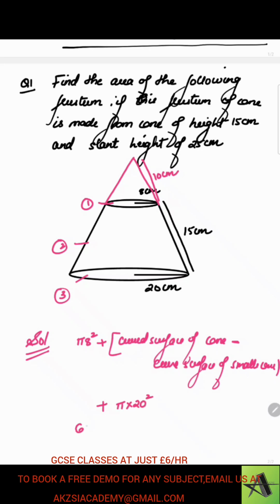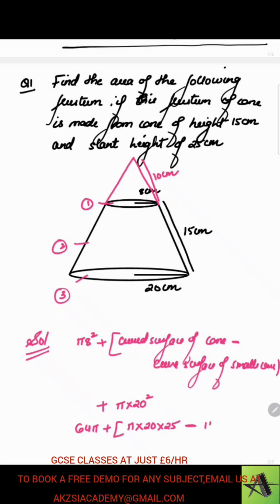So this will give you 64 pi plus curved surface area of the cone, we know pi r L, this one. So for the bigger one, the slant height is 25 centimeters. So pi radius, obviously I have to take this one, which is 20. So pi times 20 times 25, minus curved surface area of this smaller part, which is this smaller cone has radius 8 centimeters and slant height as 10 centimeters.